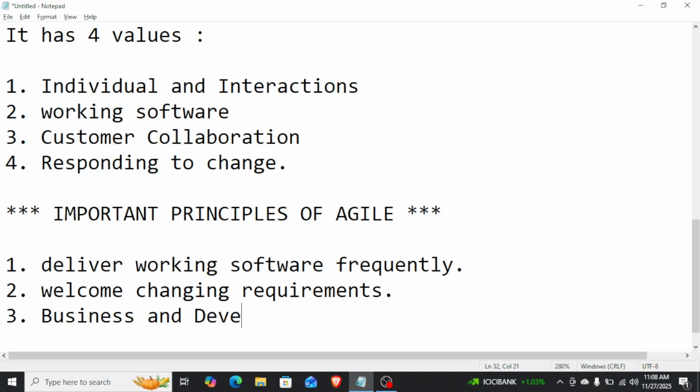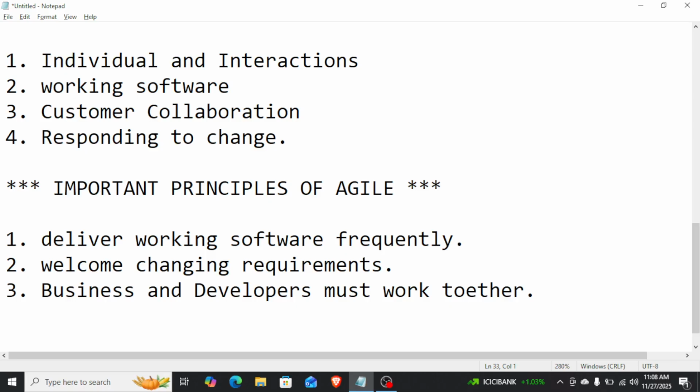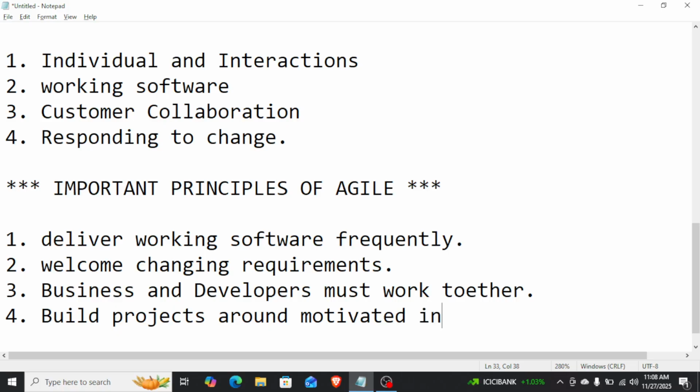Fourth, build projects around motivated individuals.